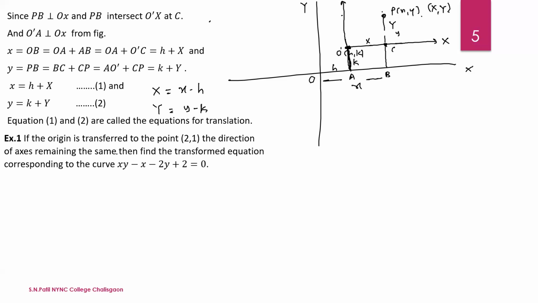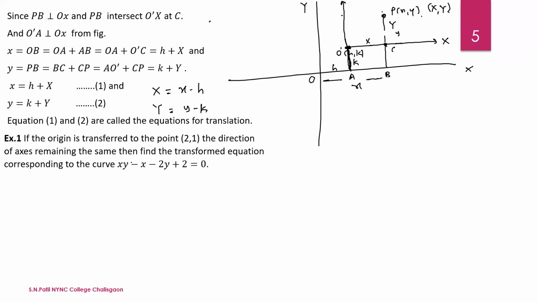The example is, if the origin is transferred to the point 2, 1, the direction of x remaining the same, find the transformed equation corresponding to the curve xy minus x minus 2y plus 2 is equal to 0.